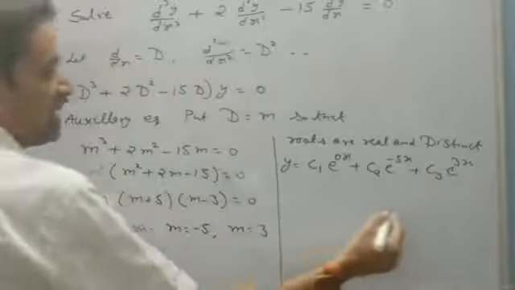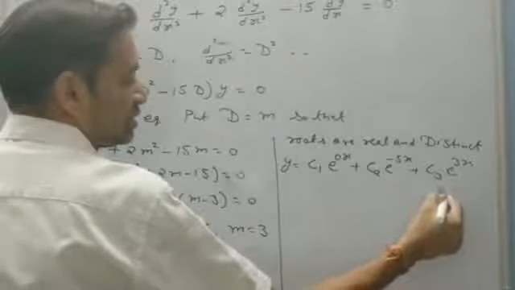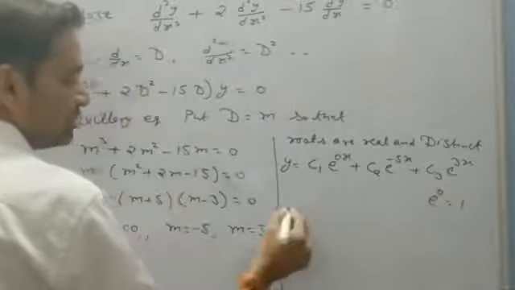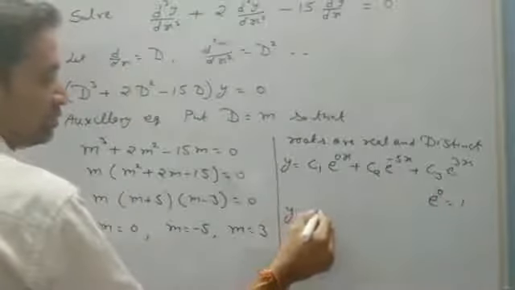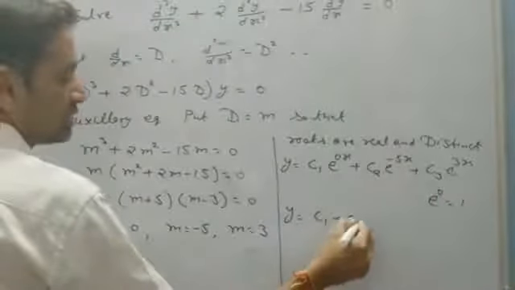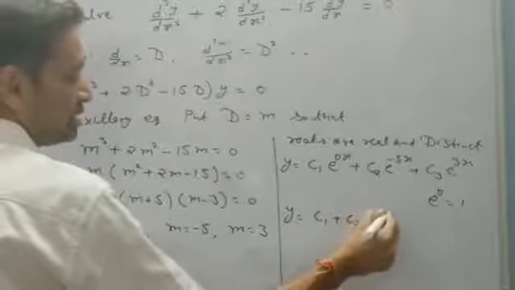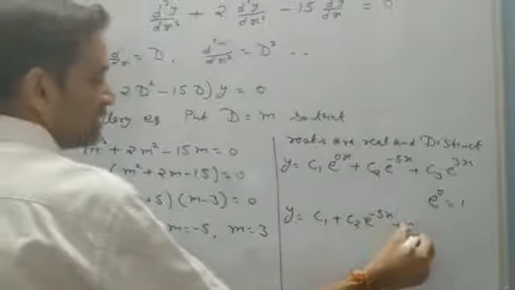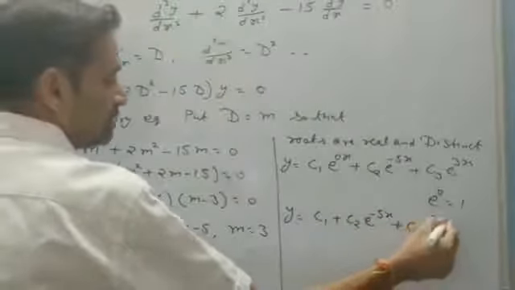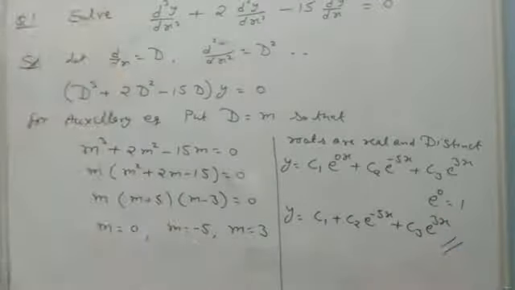As we know that e to the power 0 is always equal to 1, so we can say y will be equal to c1 plus c2 e to the power minus 5x plus c3 e to the power 3x. This is the required solution of the given differential equation.